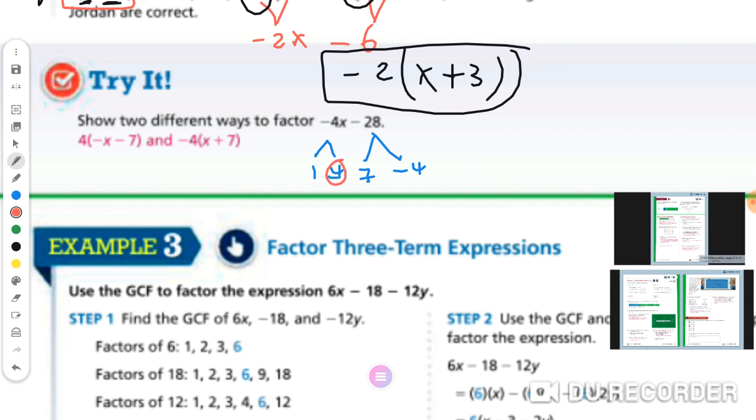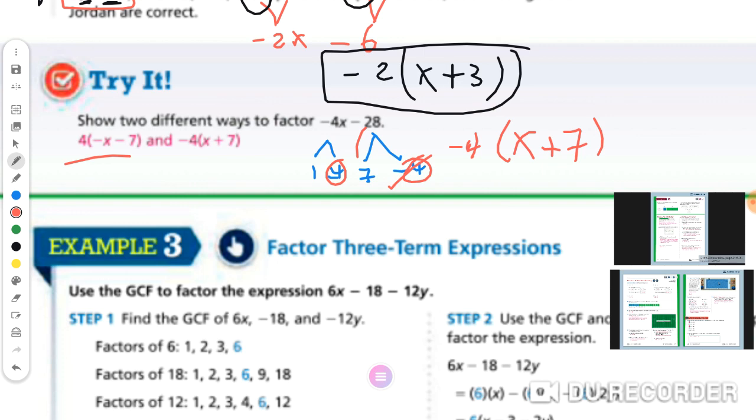Take negative 4 common out, so it will be negative 4. The remaining in the first term is 1x, which is x. And the remaining in the second term is 7, which is positive 7, because I take the negative out. Or we can take it without the negative sign, so it will give you this answer. Okay?